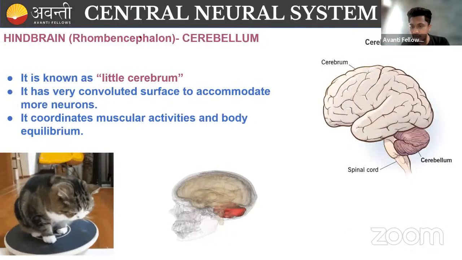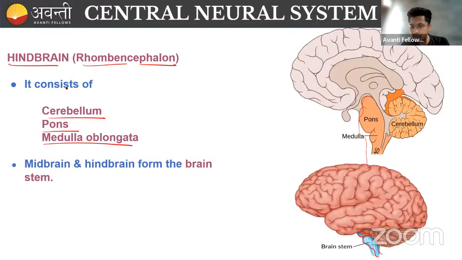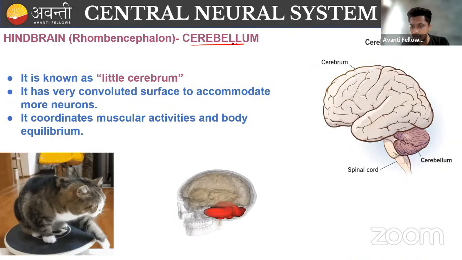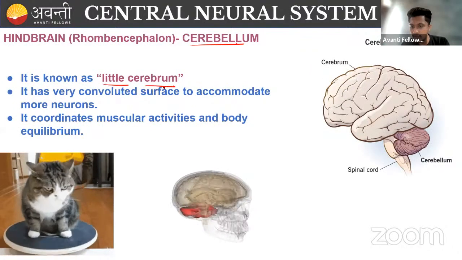So when we talk about the cerebellum, what is the cerebellum? As I said, your hindbrain is divided into three important regions: cerebellum, pons, and medulla oblongata. The cerebellum is also called the little cerebrum. Why is it called the little cerebrum?